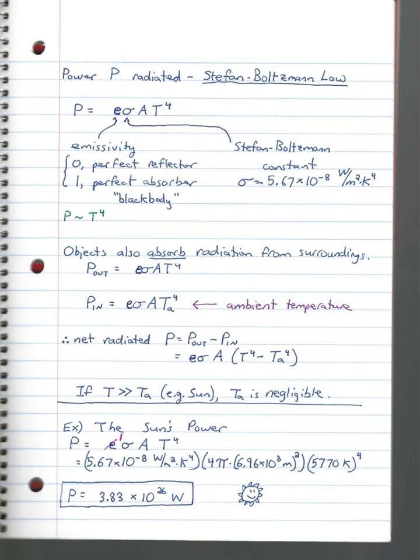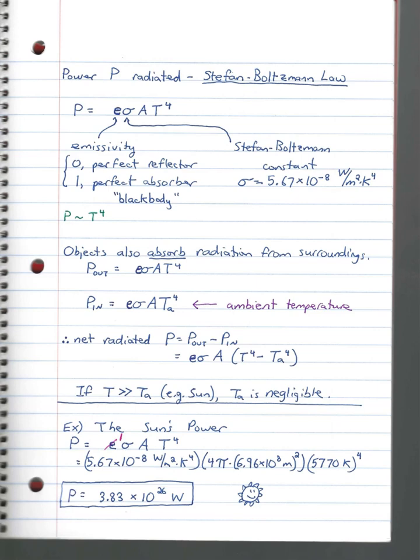The radius of the sun is 6.96 times 10 to the 8th meters. Don't forget to square that. The temperature of the sun, this is the surface temperature, we can look up in the back flap of the book. It says 5.8 times 10 to the third Kelvin. The quantity I gave on the screen is 5770 Kelvin.